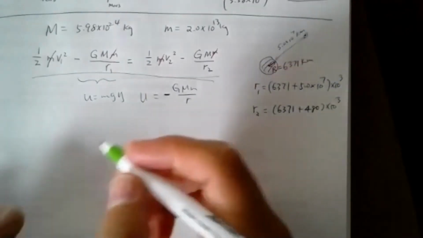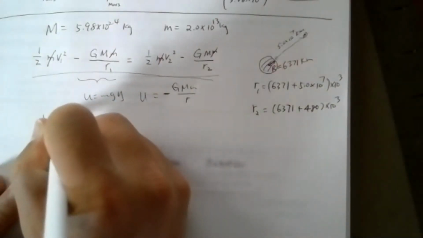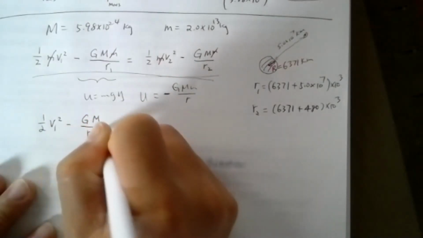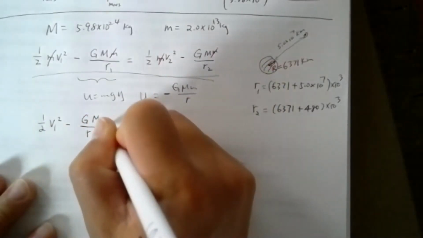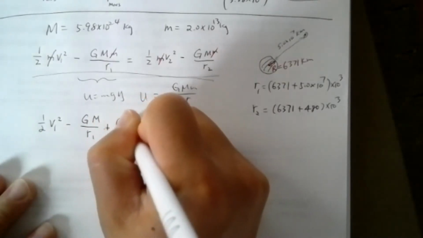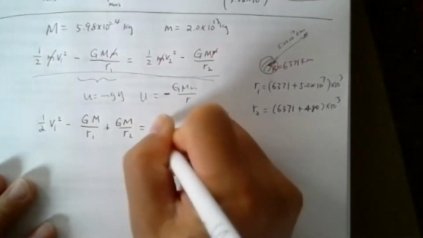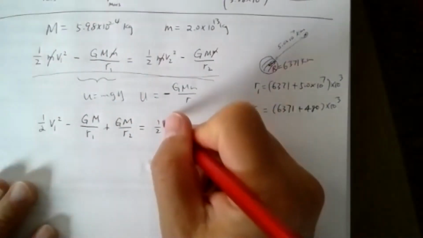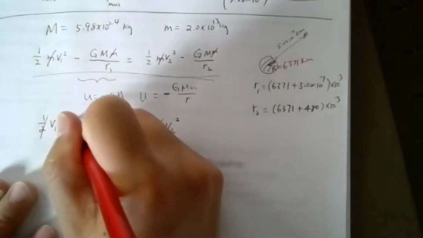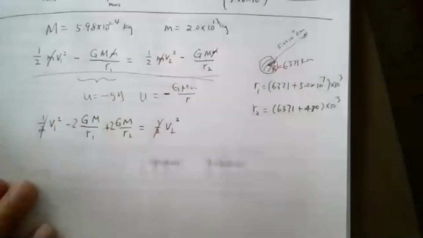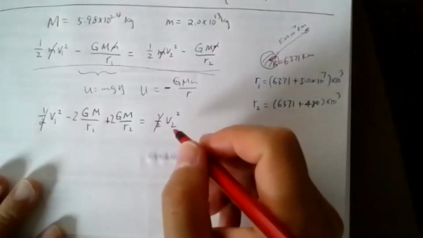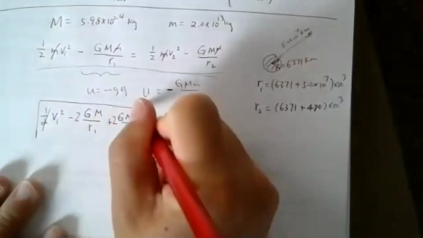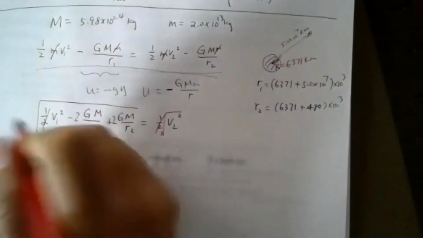So it becomes 1/2 V1 squared minus G capital M over R1, and the minus becomes positive, capital GM over R2, equals 1/2 V2 squared. You can multiply everything by 2 to get rid of the 1/2. Then for V2 you take the square root of all of the left hand side.